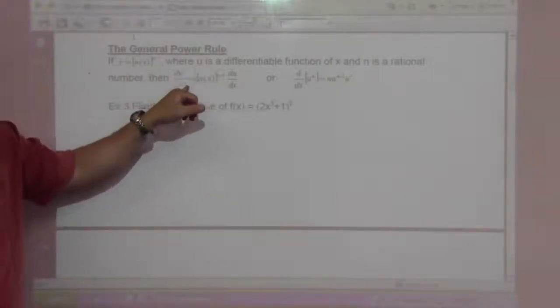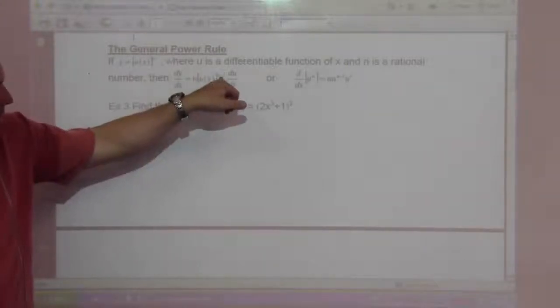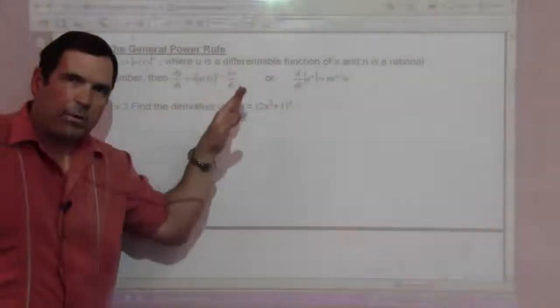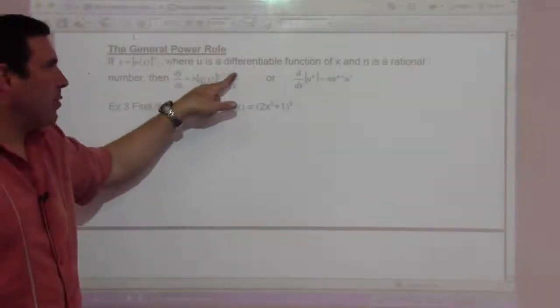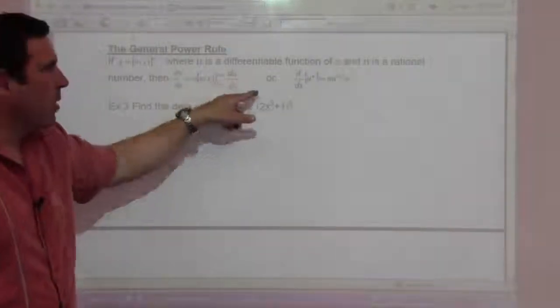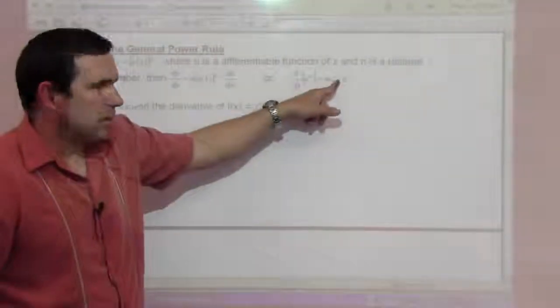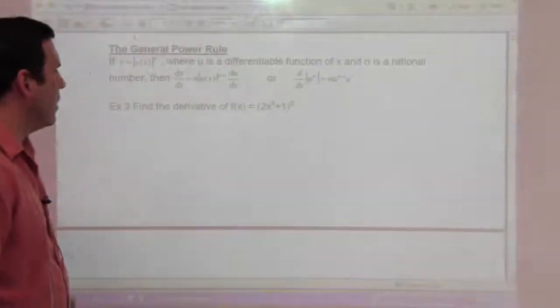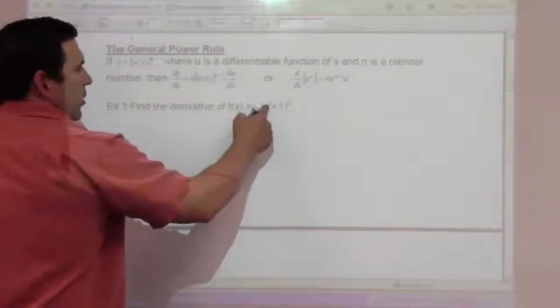Then dy dx is n times u of x to the n minus 1. So just like we do normally with derivatives, that power came out front, subtract 1 from the power. Then we multiply by the derivative of u with respect to x. Otherwise you could see d dx of u to the n is n u to the n minus 1 times u prime. So find the derivative of f of x equals 2x cubed plus 1 squared.